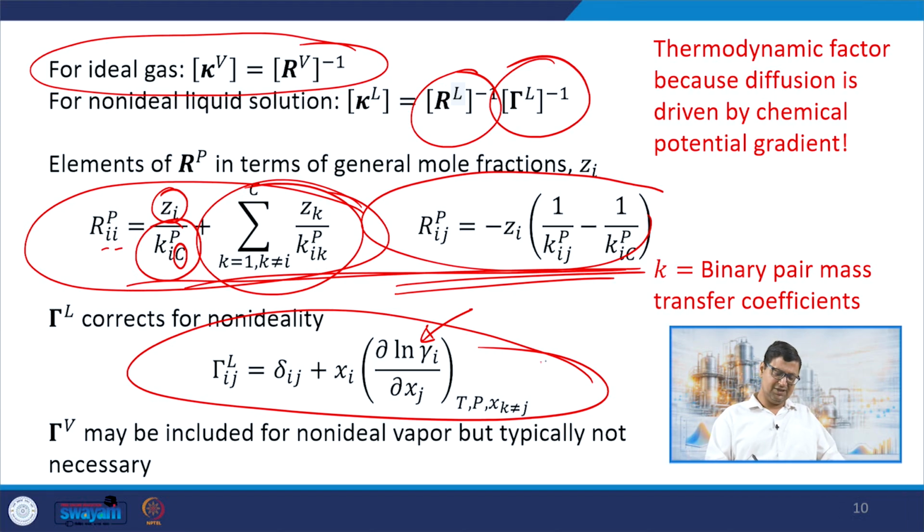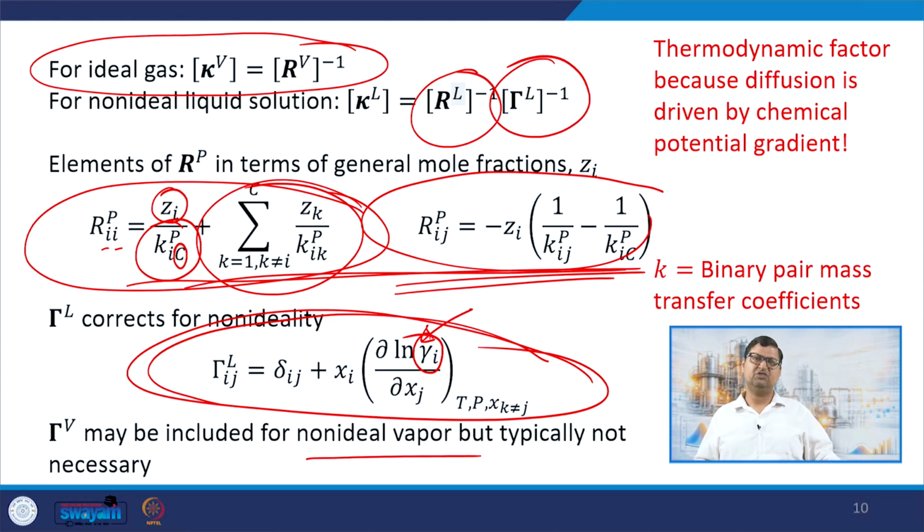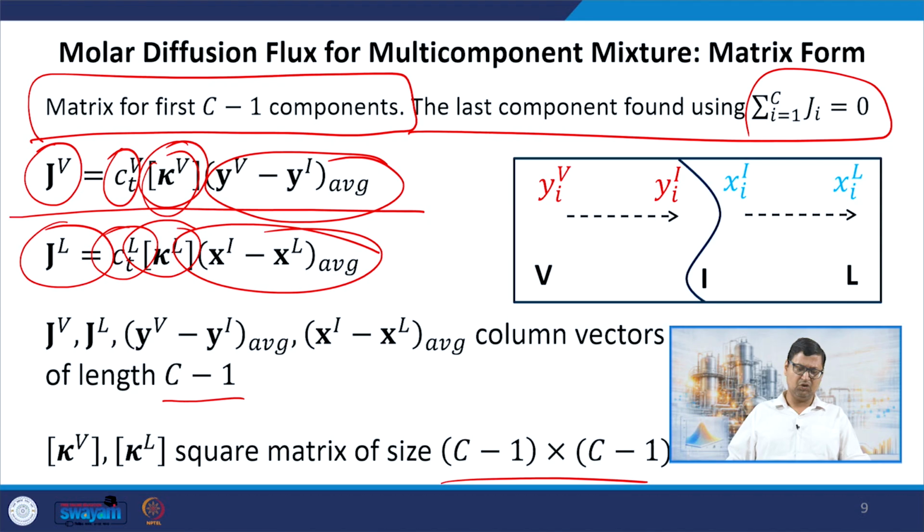So the gamma that you see here includes this activity coefficient. But in principle, we can also include a similar term for the vapor, maybe in terms of fugacity coefficients. So this is the general framework that we can follow to account for the mass transfer effects.